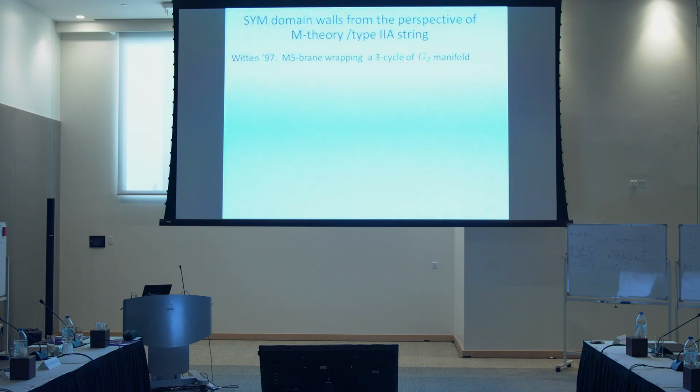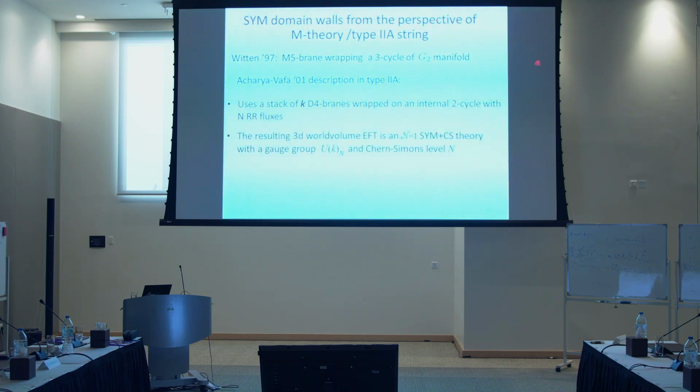M theory, and later Acharya and Vafa developed this description using the type IIA structures, and they used a stack of k D4 branes which wrapped an internal two-cycle with N Ramond fluxes in type IIA theory to construct an effective worldvolume theory on these domain walls.